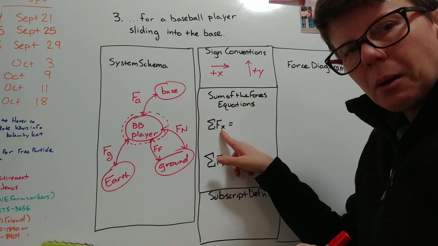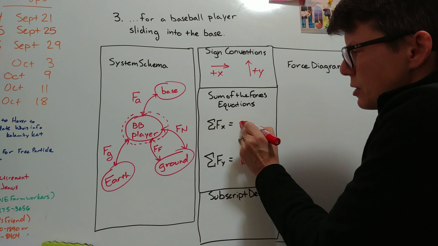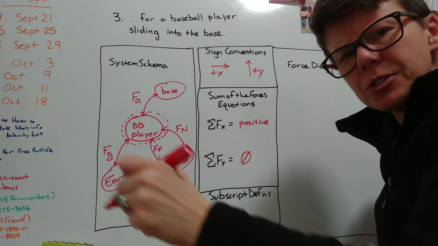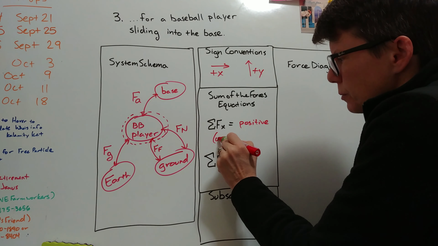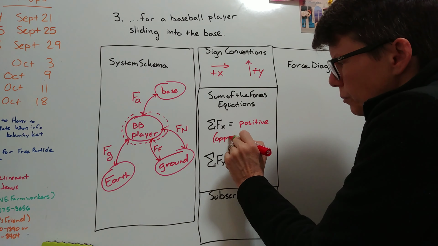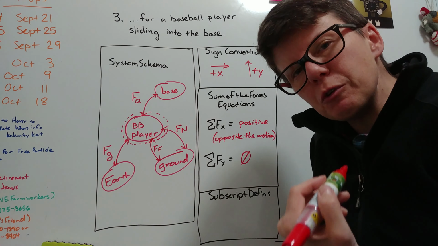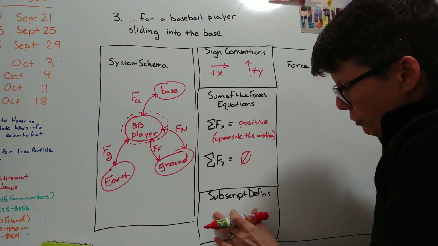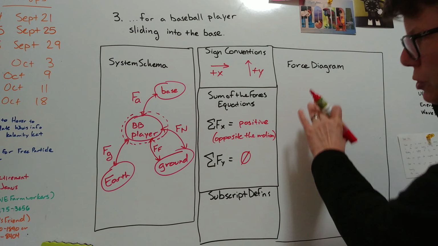This means that the sum of the forces in the x direction is positive, i.e. opposite the direction of the player's moving. When you have a motion in one direction and a net force in the other direction, remember that's going to slow you down. This I'm going to fill in as we go, subscripts. You'll see why here in a moment.